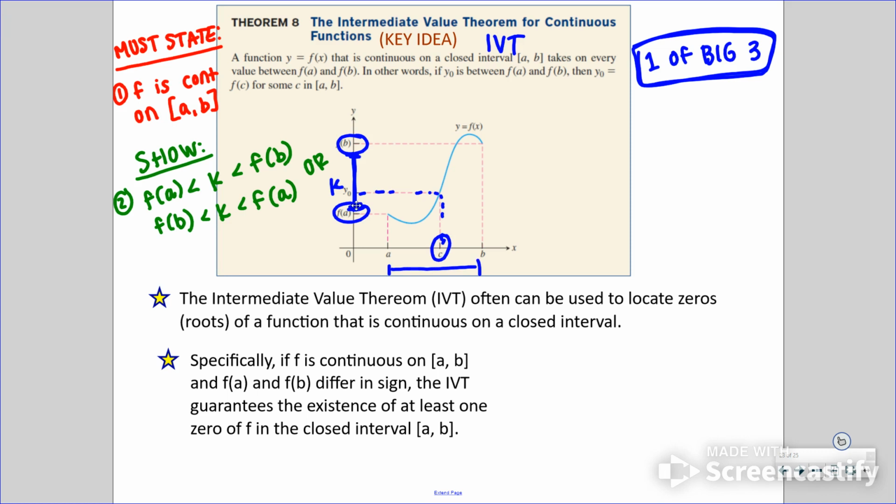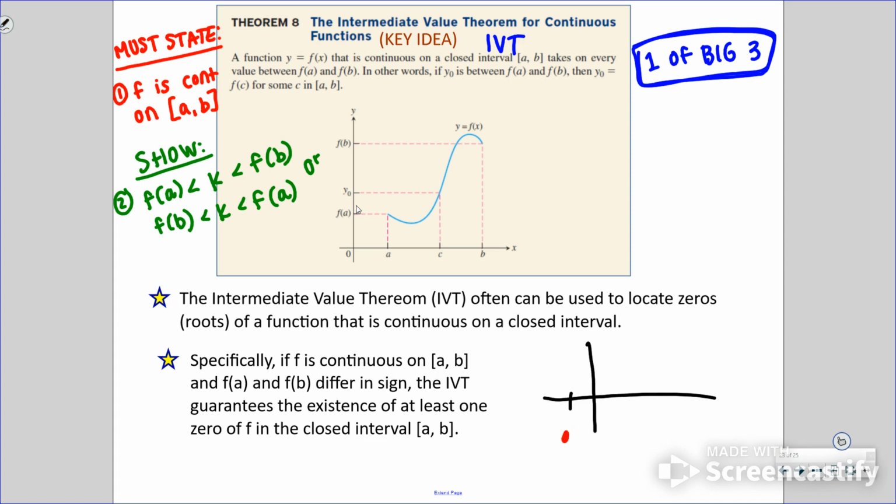So we mentioned a lot of times it's used to locate zeros. If you have like an output, let me just draw a quick picture. Let's say f of a is down here, and then f of b is up here. So this is what it's used a lot for.